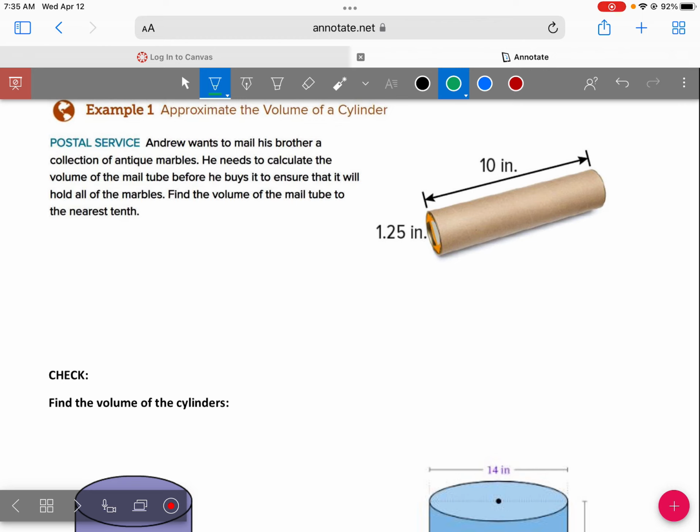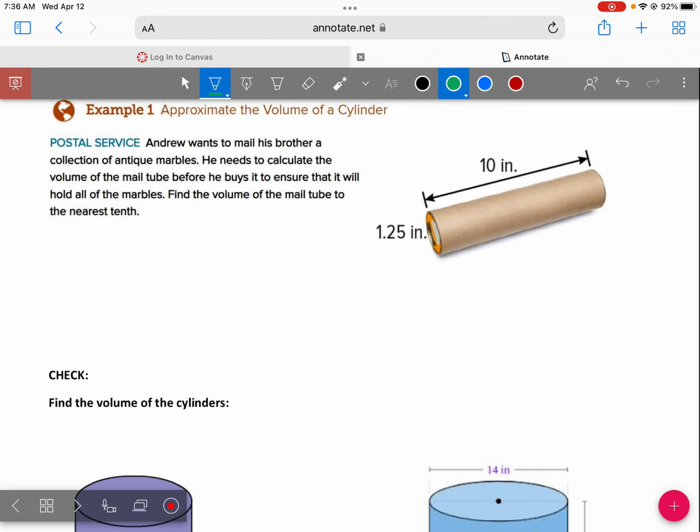Volume is like how many cubes would fit in this three-dimensional figure, whereas surface area is how many squares make up the wrapping paper that goes around it. So it's two-dimensional versus three-dimensional. Good question.